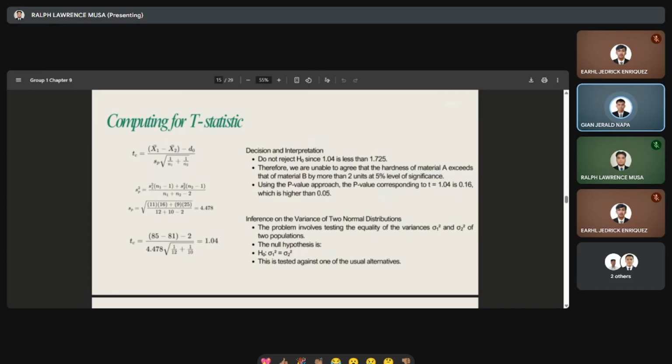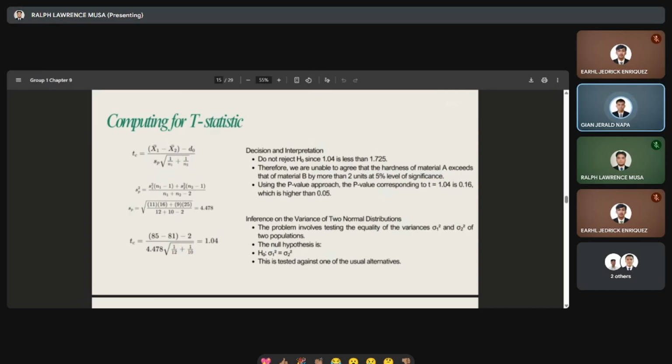So we have 11 times 16 plus, ulitin lang natin yung process sa second sample, and we have 9 times 25. Then we will divide that with n sub 1 plus n sub 2 minus 2. So that's 12 plus 10 minus 2. Magiging sagot nun, hahanapin lang natin yung square root, and that's our s sub p, 4.478.